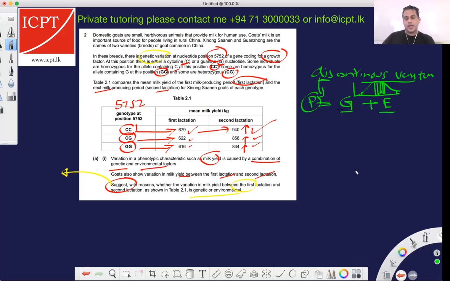Let's assume that if there is no impact from the environment, then phenotype is 100% decided by the genotype, right?